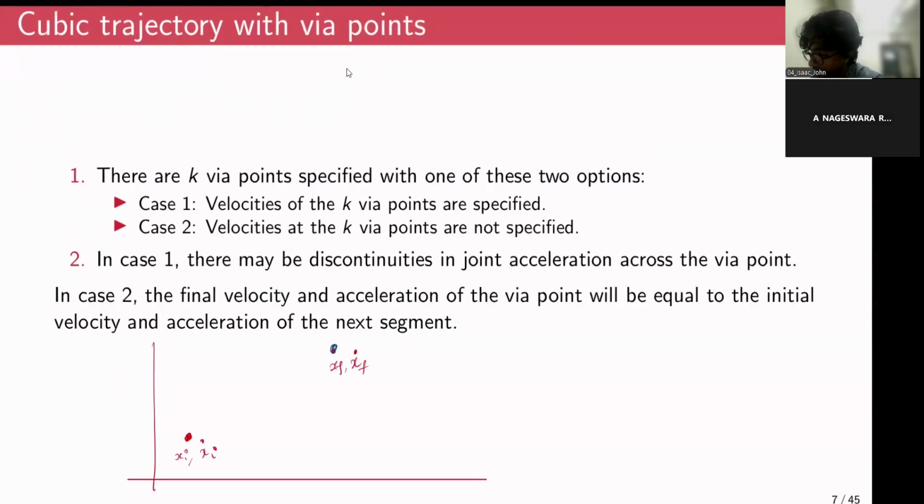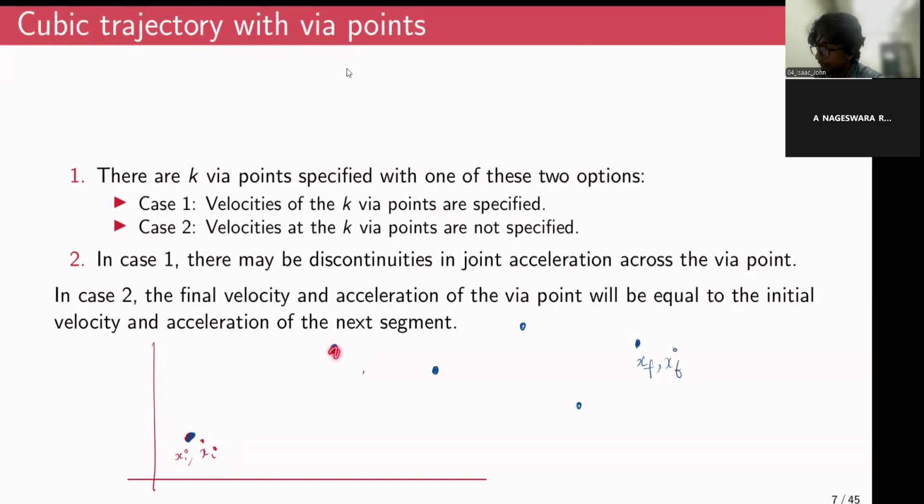So maybe I'll depict these as points. We have also seen how to generate a trajectory between these two positions having these two velocities. But then what happens if there are not just 2 points, but a series of such points? Maybe you have one more point over here, another point over here, another point over here, in the robot's workspace. So in that case, you will have one initial point and one final point, xf and xf dot.